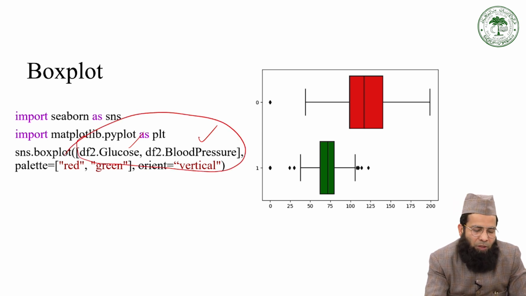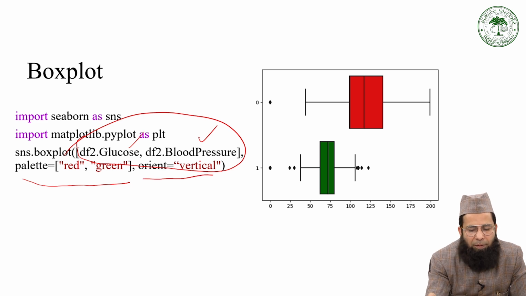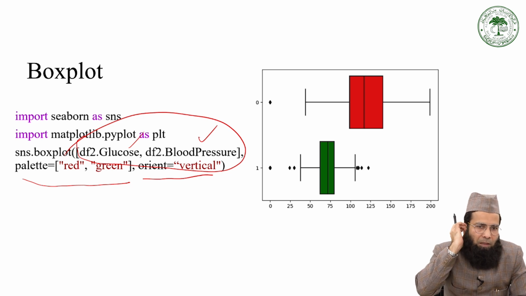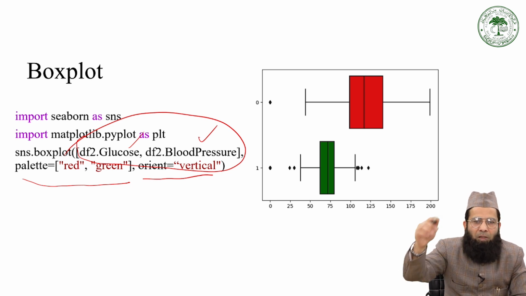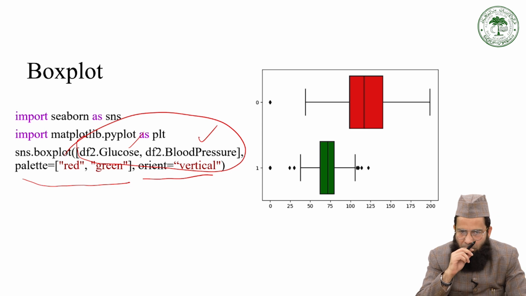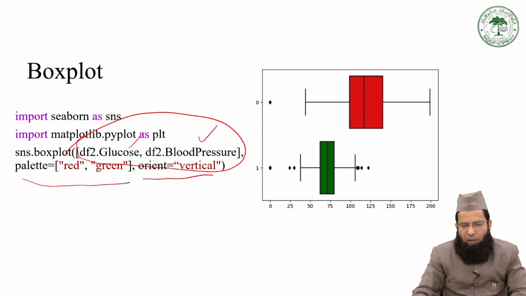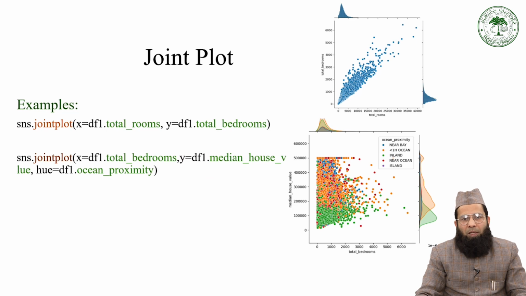Since I'm using two different features, I need to provide the palette. One is red and the other one is green. And orient is vertical. It could be horizontal as well. I could draw a horizontal box plot as well. So in this way, we use a box plot.